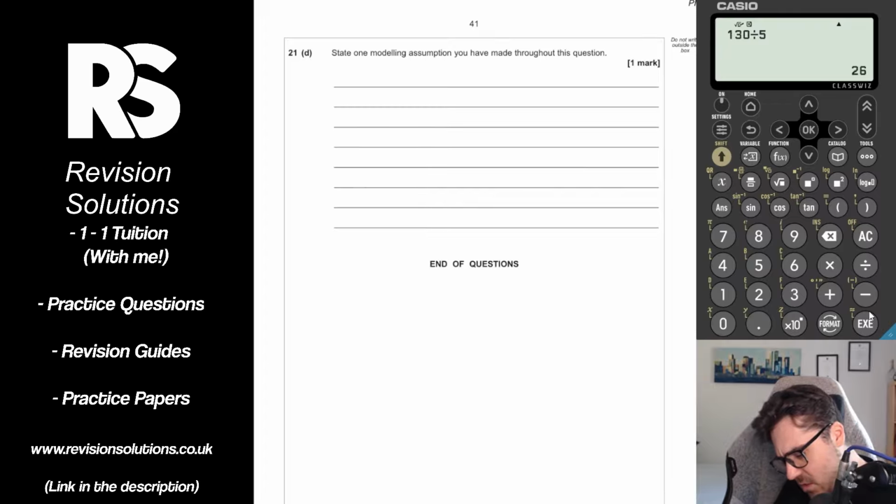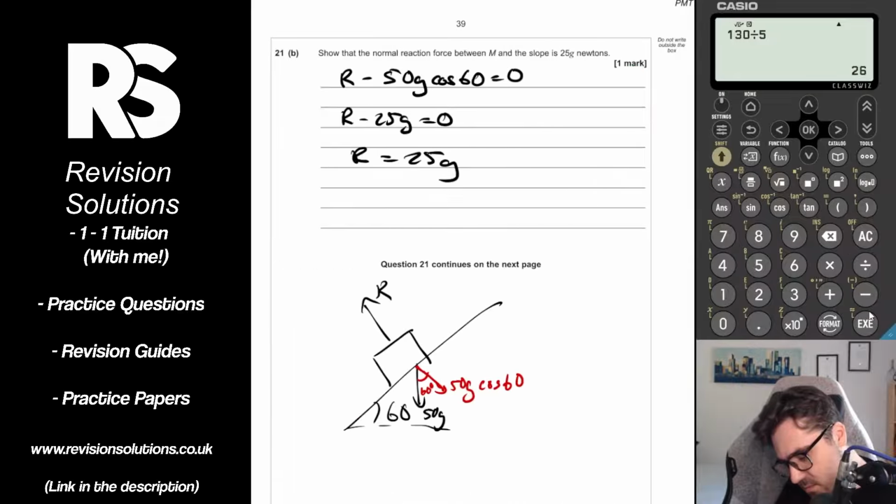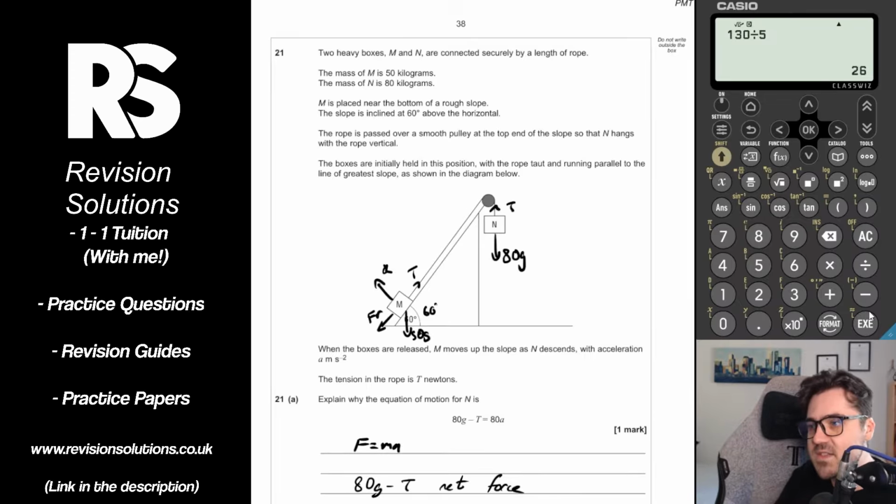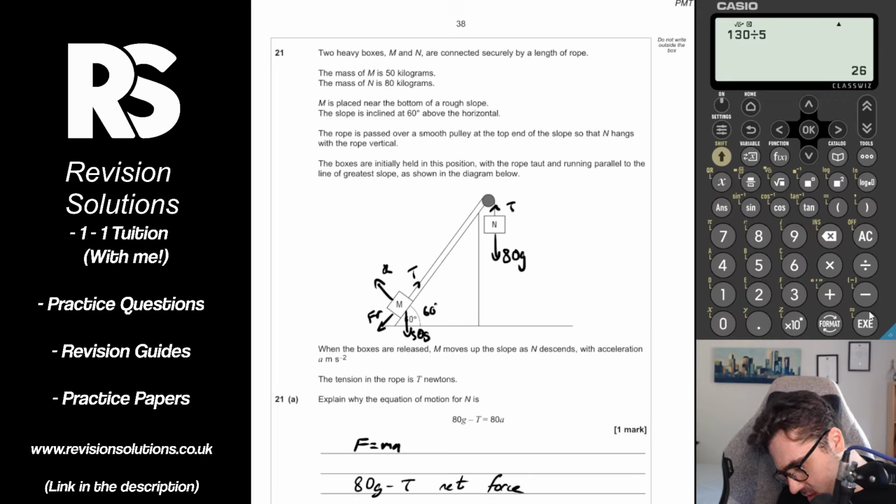Then it says, state one modeling assumption you have made throughout this question. I don't think the question included anything about the rope, which is a classic thing to include here, right? So let's just check that.